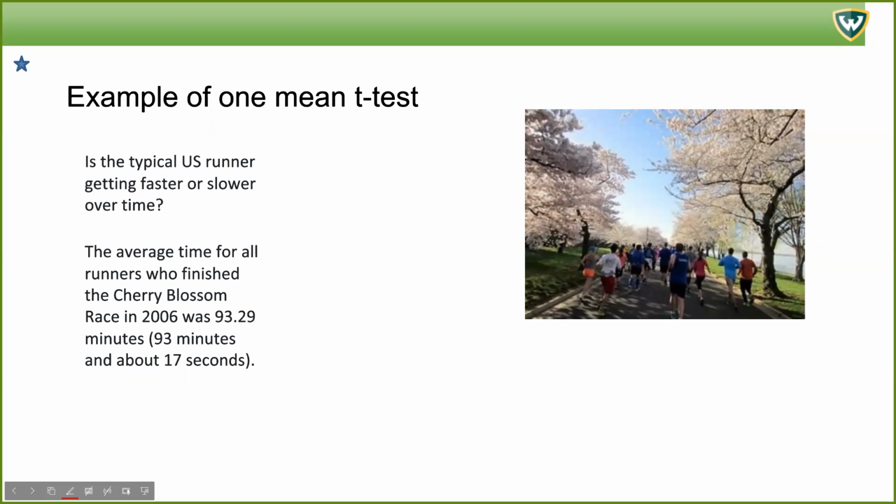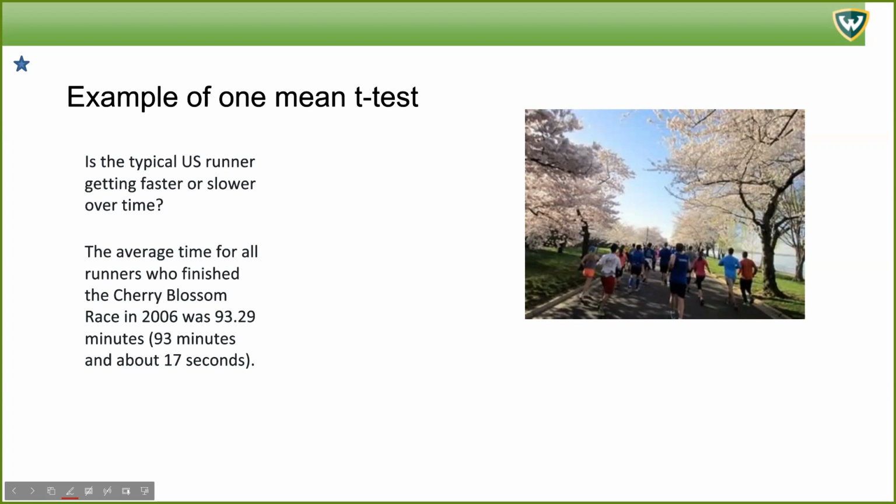So maybe 10 or 15 years ago, the average race time to finish the race was 93.29 minutes. And maybe you want to know, has the average time increased or decreased?